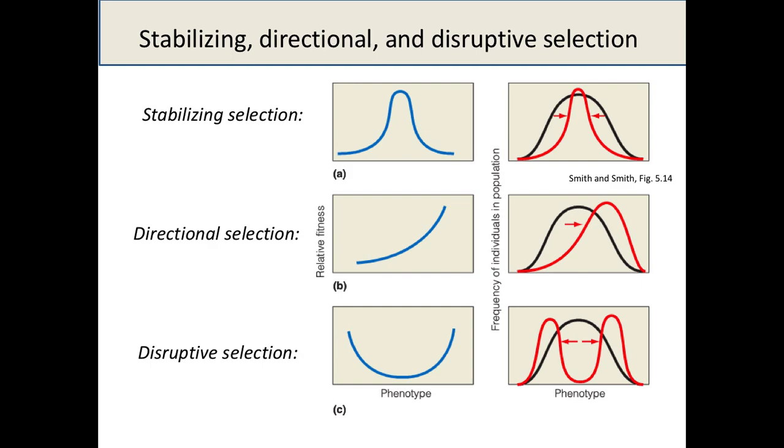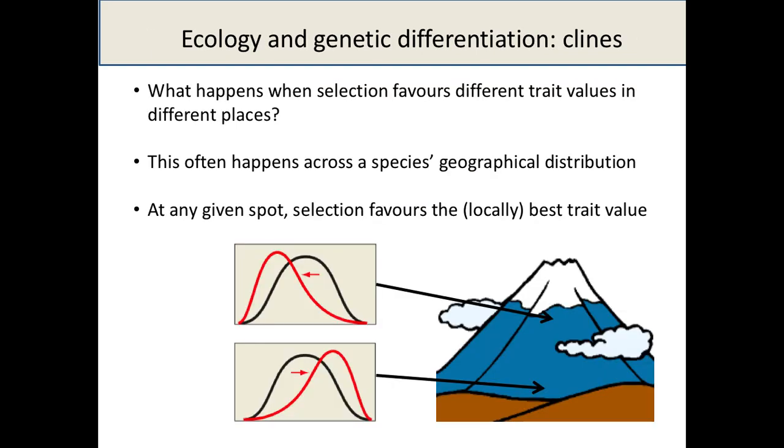These are hypothetical examples. We can theorize these. We can put this as a hypothesis, and we can say, okay, let's make a prediction based on that. Let's make a prediction based on directional selection. If we're working along a gradient, let's take an example of a mountain top, or even a hillside.